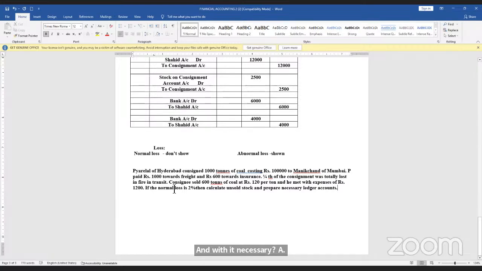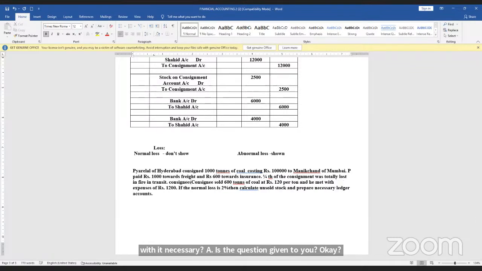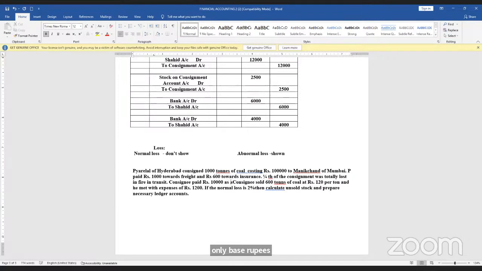Here you can also add, if given, that the consignee paid rupees 10,000 as an advance to the consignor. So this is the question.